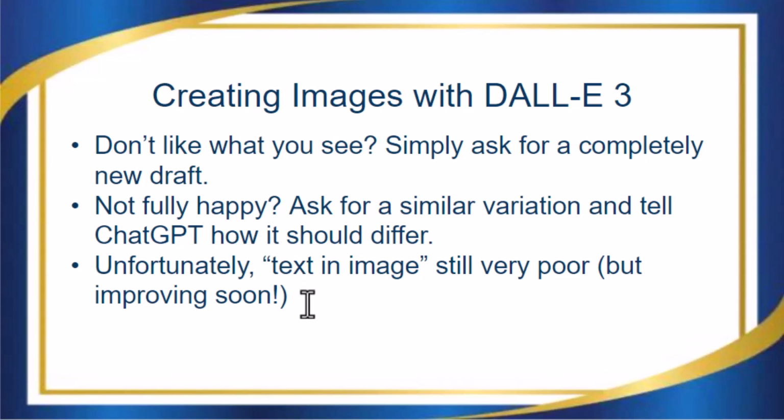Unfortunately, text in images is not that great yet. So if you want to do that, we still have to wait for better models. But then just use the image you get as an input and as a draft to maybe design your own in Canva, or use it as a reference for your professional designer that you can hire on Upwork or Fiverr.